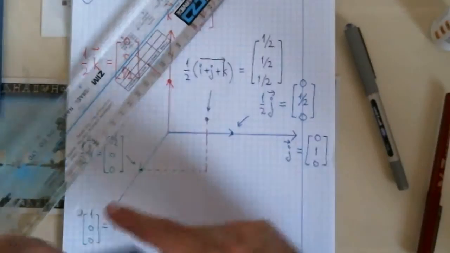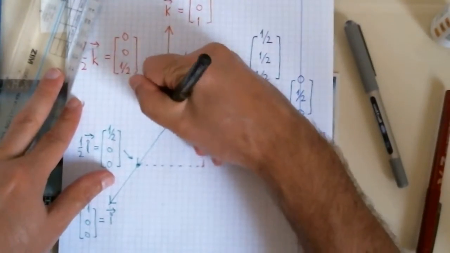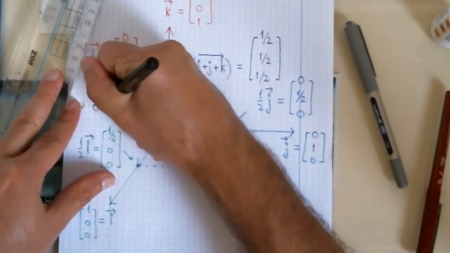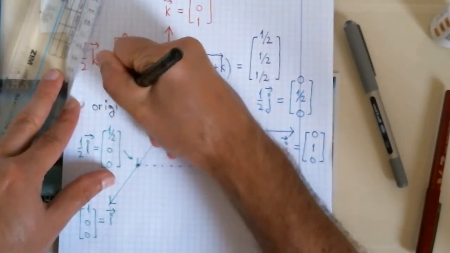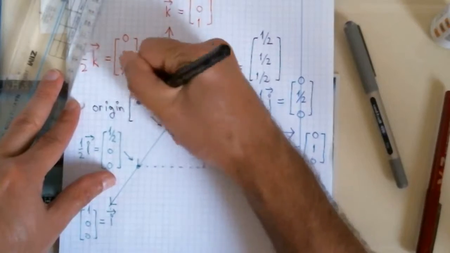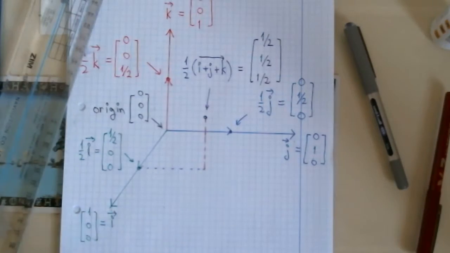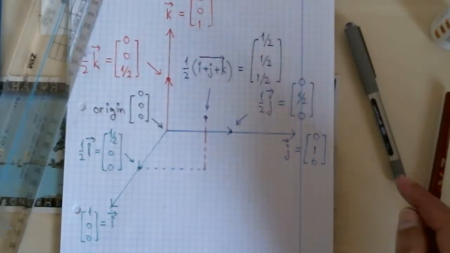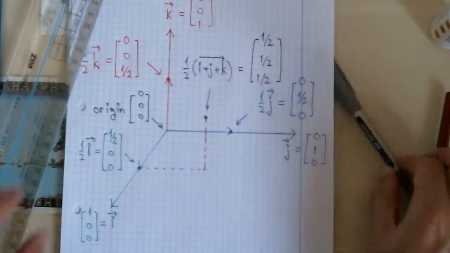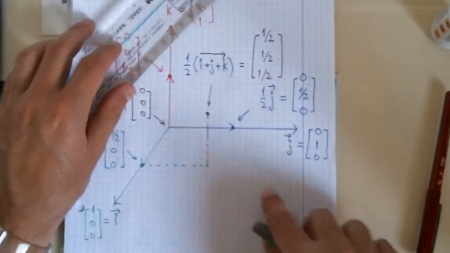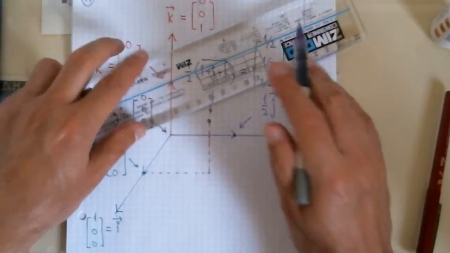Okay, this point, this vector, if you want, because it's going from the origin. If this is the origin, and this vector, if we draw it here, okay, now it's in 3 dimensions.